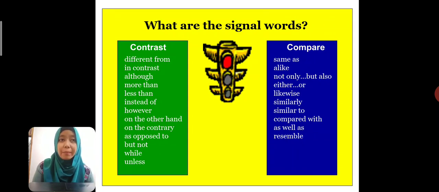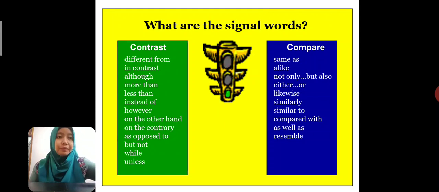And what about compare? These are the signal words that you can use to compare two things. You can use same as, alike, not only but also, either or, likewise, similarly, similar to, compare with, as well as, and resemble.